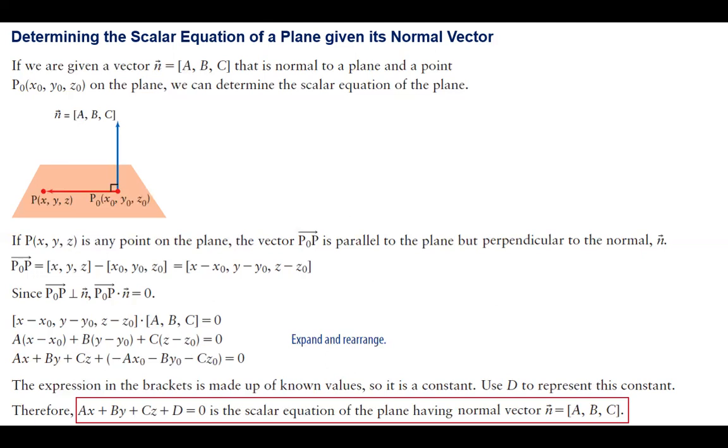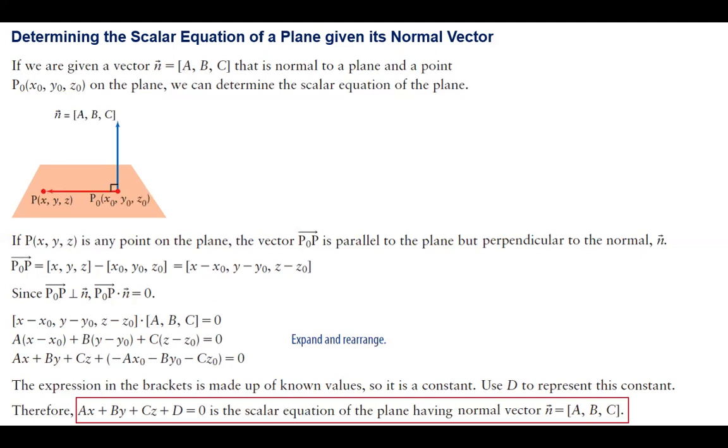We can let letter D, uppercase D, represent this constant. Therefore, we know Ax plus By plus Cz plus D equals 0 is the scalar equation of the plane, having normal vector N, whose components are A, B, and C. You understand?